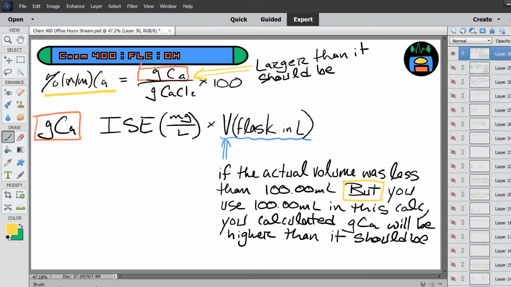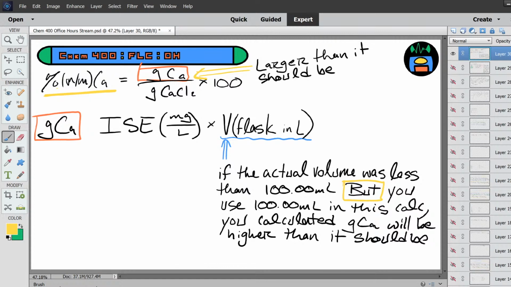Well, let's think about it. If you don't transfer all the calcium chloride, your ISE readings will be lower than they should be.